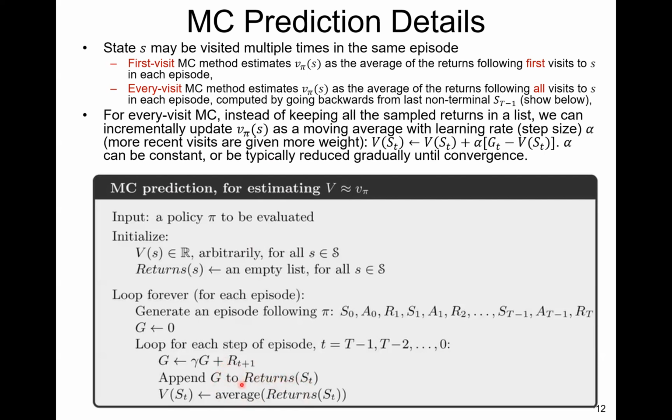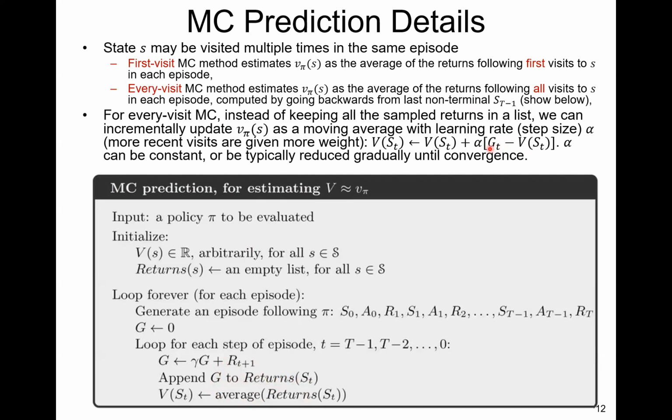If you write out this unweighted average in the incremental form, alpha should be 1 over n, based on the number of samples you have seen.